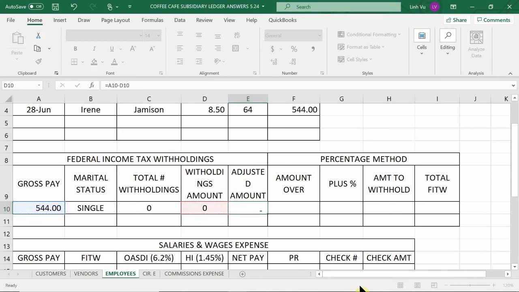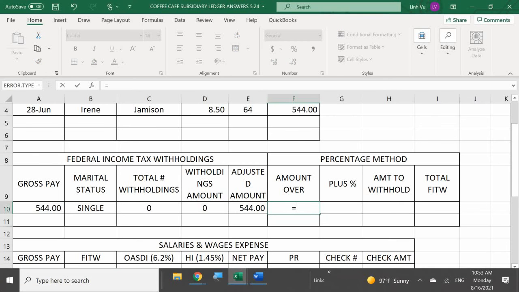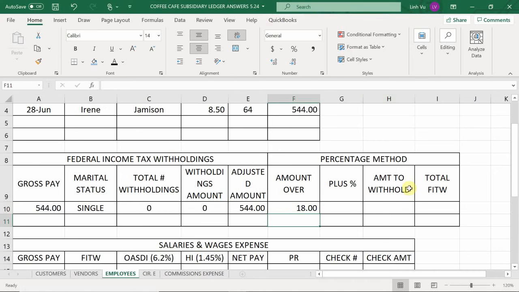So the adjusted amount is going to be the $544 minus the zero. The amount over is going to be 526, which is the amount that she can keep to herself. We take $544 and subtract that 526 to determine how much she went over, and she went over by $18.